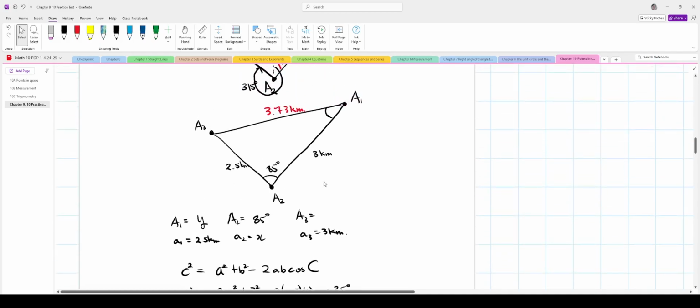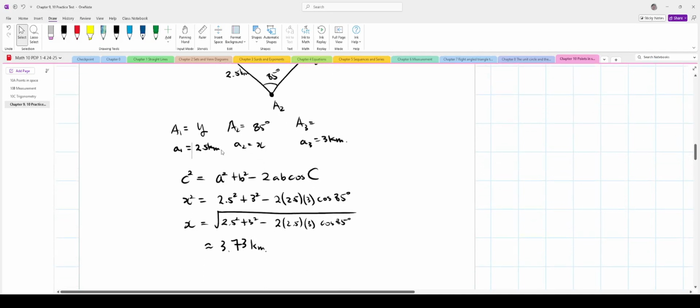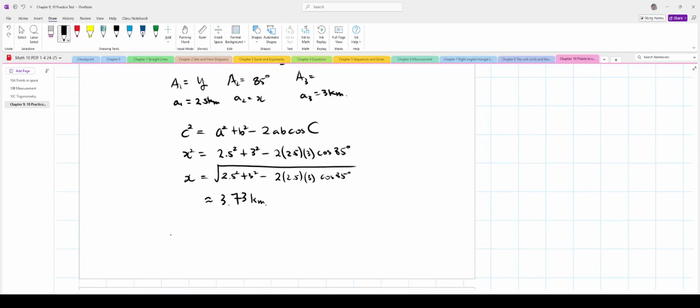Well, I think we already have a perfect pair, and without the perfect pair we can't use the sine law anyways. So I think I'll have to use the perfect pair of the 85 degrees and the 3.73 kilometers, and then put that with the A1. So let's use the sine law.